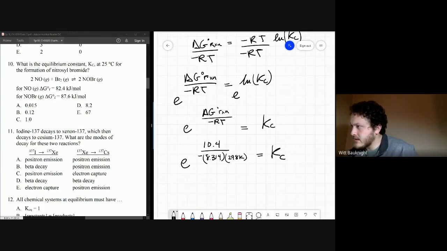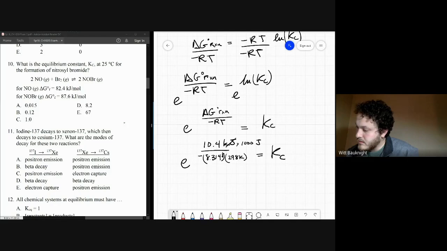We get, I forgot. This is in kilojoules. So what we need to do is multiply this by 1,000 to get it into joules, because this is in terms of joules.